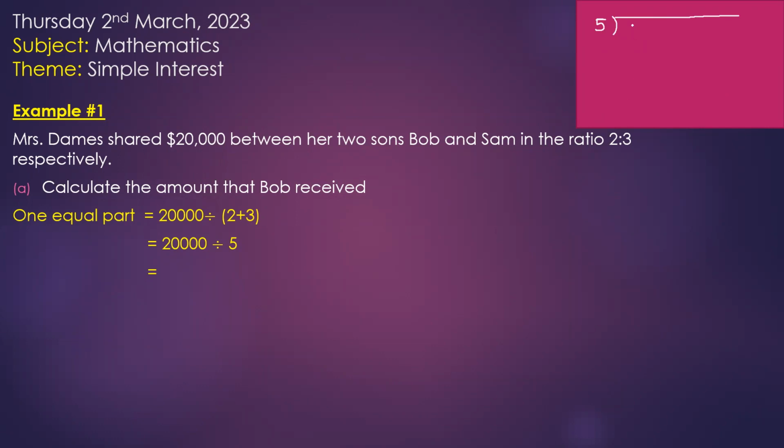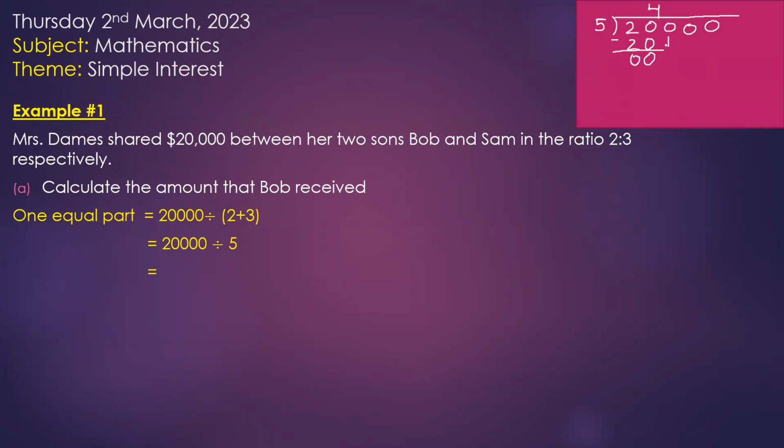All right, so we have 20,000. How many times does 5 go into 20? 4 times. 5 times 4 is 20, and 20 minus 20 is 0.